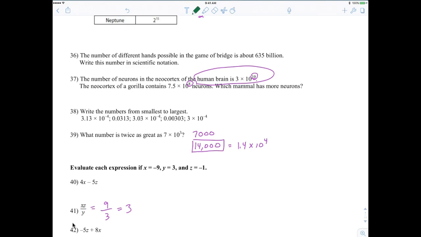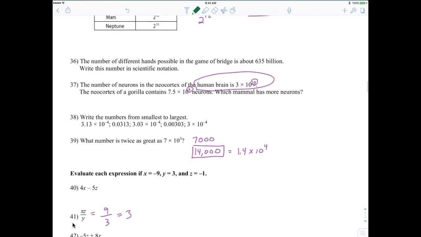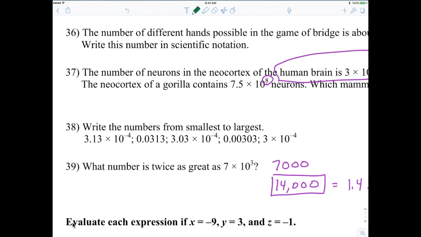I've got to write 635 billion in scientific notation. So here we go. The first thing we have to do is write it out. 635, that's million, right? So this is billion. 635 billion.